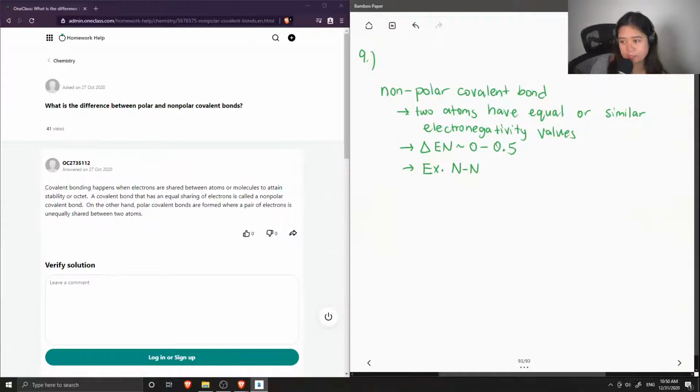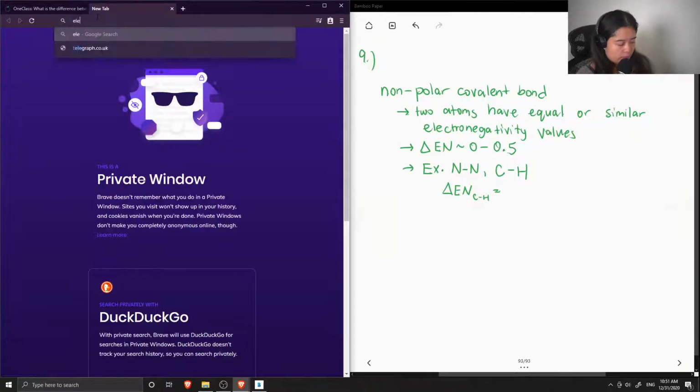Its difference in electronegativity would just be equal to 0. Let's also look at the carbon-hydrogen bond and calculate its difference in electronegativity. I'm just going to Google electronegativity values.